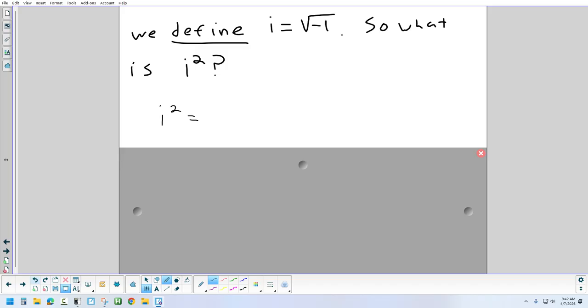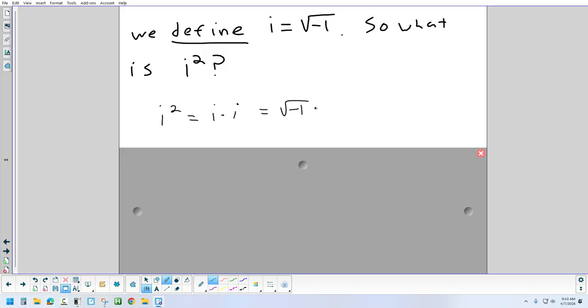Multiply by itself. So if somebody said to me, I don't get what the 2 means when it's up high, I'd say, well, it means to take the thing that's lower and multiply it by itself. It means i times i. And what did we just say i is equal to? It's equal to the square root of negative 1.